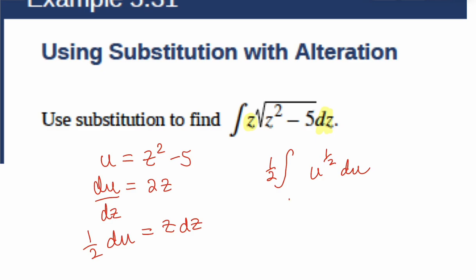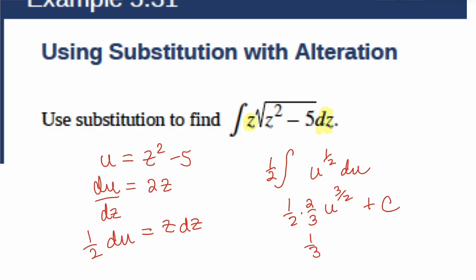So just leave the 1/2 there. Our power is going to go up by 1. I'm going to divide by that new power. To divide by a fraction, just multiply by its reciprocal. Don't forget your plus c because there are no boundaries. Let's reduce that fraction. 1/2 times 2/3, the 2's cancel.